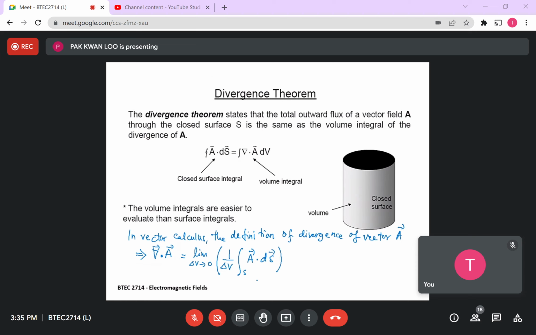What this means is, as the name implies, the divergence of a vector measures how much it diverges, what is the spread of the vector field. I know you have somehow learned this before, del dot A, the divergence of a vector.